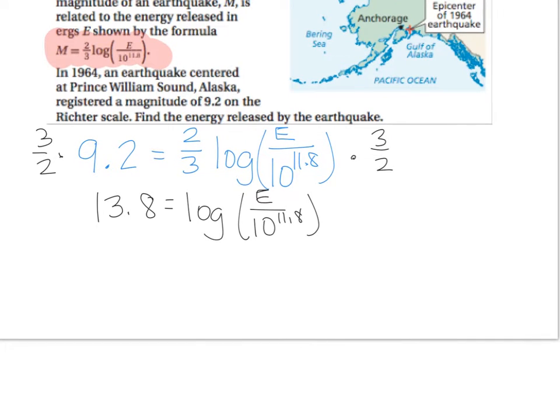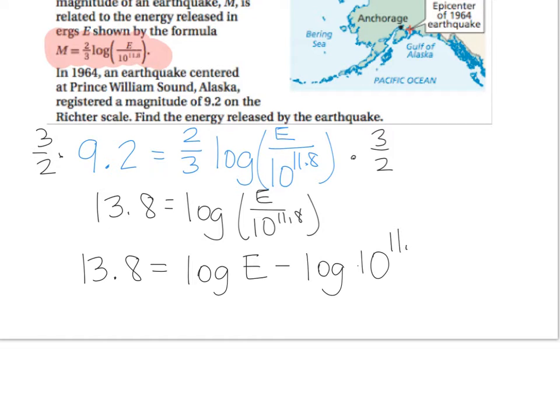And I know when I'm taking a log of a division problem, I can just subtract. So this will be the log E minus log 10 raised to 11.8. And remember, a log with no base is base 10. So this is the same as log base 10 of 10 to the 11.8, and that simplifies to just 11.8.